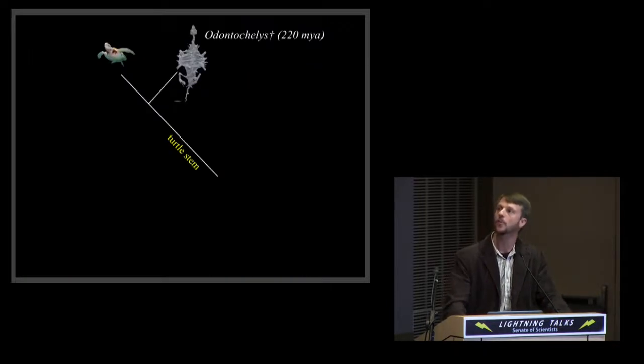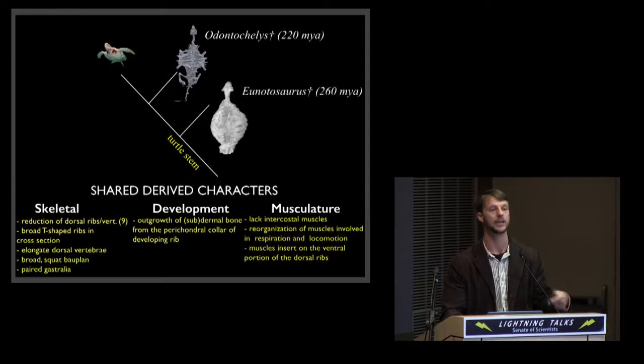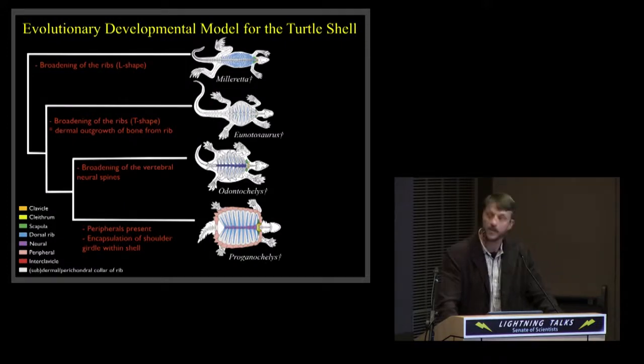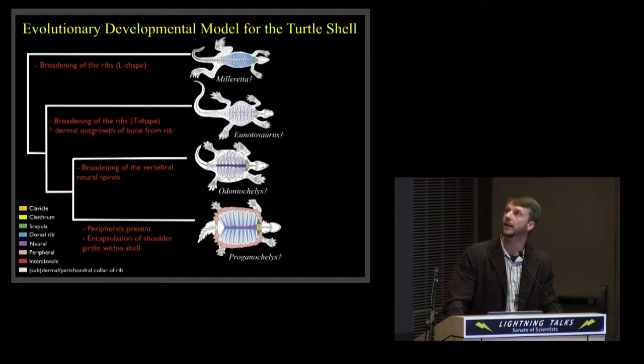There are a number of shared derived features, ranging from the skeleton and the development to inferred soft tissue musculature features, that Eunotosaurus shares with Odontochelys and other turtles. Now if we incorporate these data with developmental data, you can see an interesting pattern. Those features that are important in building the shell are mirrored phylogenetically and throughout development.